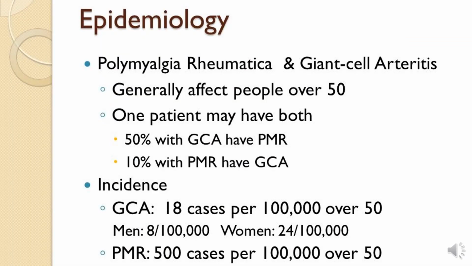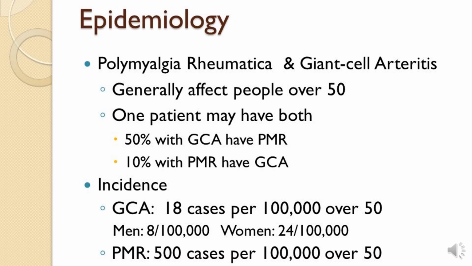Giant cell arteritis, also known as Horton disease, cranial arteritis, and temporal arteritis, is the most common of the systemic vasculitides. It virtually never occurs in individuals younger than 50 years of age and peaks in incidence in the 7th decade.